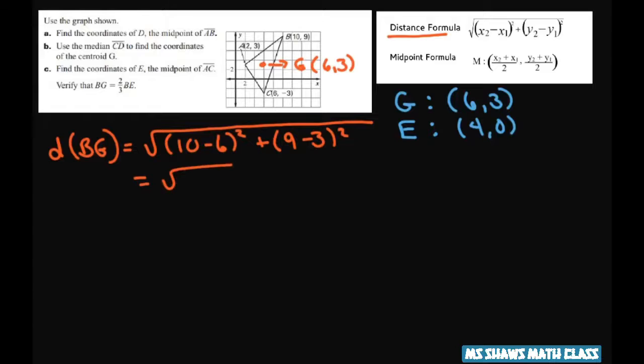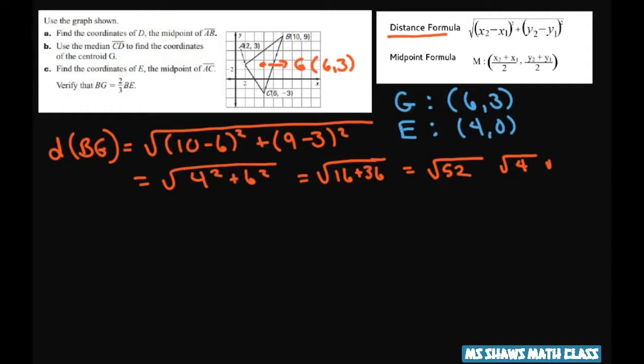Now that equals 4 squared plus 6 squared, which equals the square root of 16 plus 36, and that equals the square root of 52, and that can be reduced by, we can call this 4 times 13. So this equals 2 square root of 13.